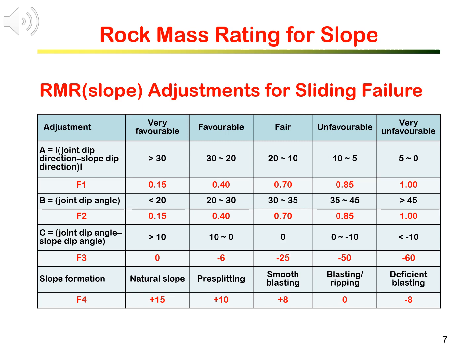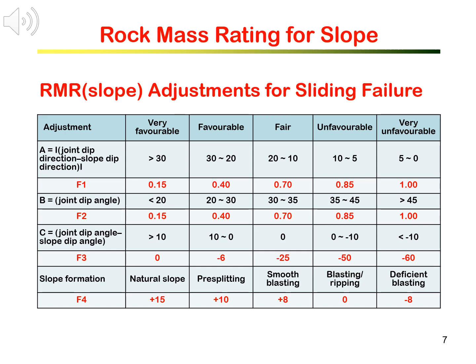As discussed before, daylighting is the single most significant condition of sliding failure for both plane and wedge sliding failures. F3 is the factor assigned to represent daylighting characteristics and has the maximum value of minus 60 when the joints are definitely daylighting on the slope plane.